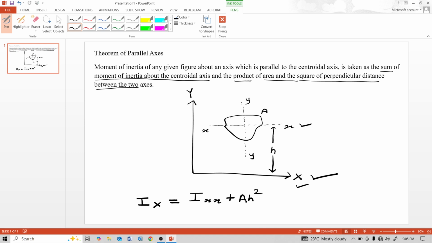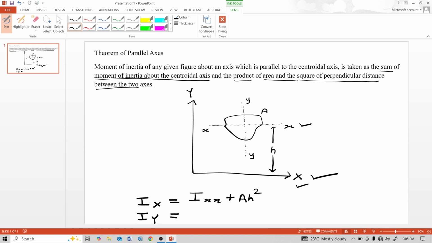So now calculate moment of inertia for this capital Y-axis which is parallel to this small y centroidal axis. Therefore, Iy is equal to the moment of inertia of any given figure about an axis which is parallel to the centroidal axis.